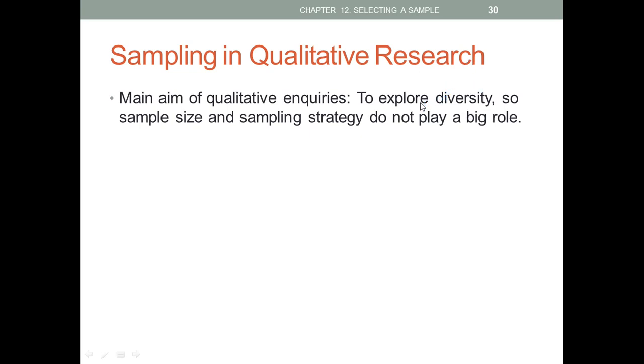So the idea is to explore diversity. So sample size and sampling strategy do not play a huge role. However, sample size and sampling strategy, in particular non-random sampling design, is so important in quantitative studies.